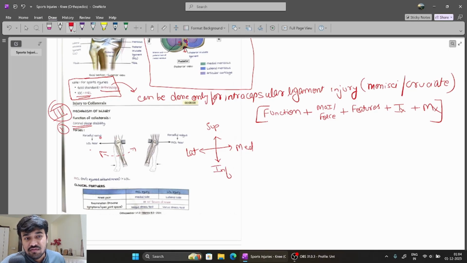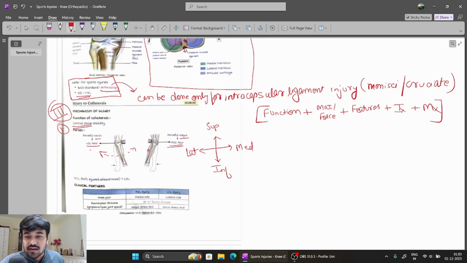So what type of force will cause collateral ligament injury? Of course, varus force or valgus force, right? If there is a forceful varus movement of the leg at the knee joint, that is, the leg is pushed medially in the coronal plane, that will lead to stretching of the lateral collateral ligament, and if the force is severe enough, it might lead to what? Lateral collateral ligament tear. Similarly, if the leg is pushed laterally, that is, there is a forceful valgus stress at the knee joint, then it would lead to stretching of the medial collateral ligament, and if the force is severe enough, it might lead to what?